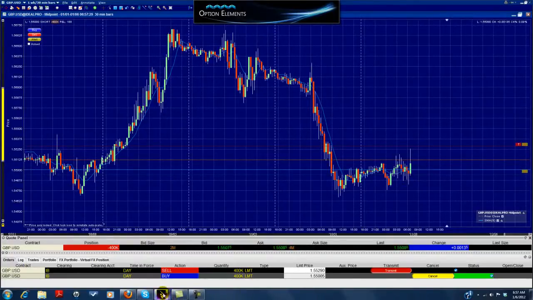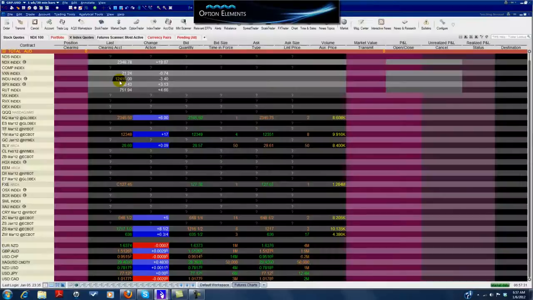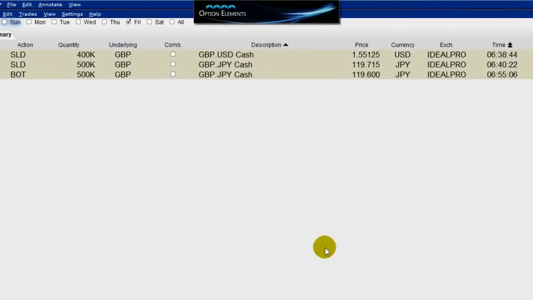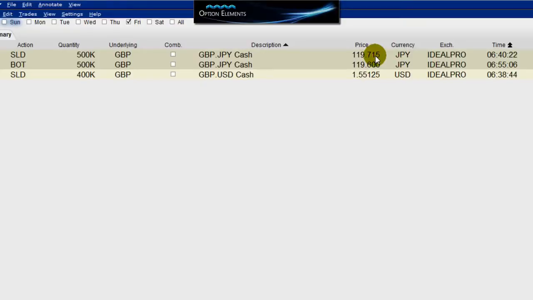Let's go in and visit our trade log for this morning. Okay, here's our yen trade. As you can see, we sold 500 at 71 and a half, and we bought those 500 back at 60.